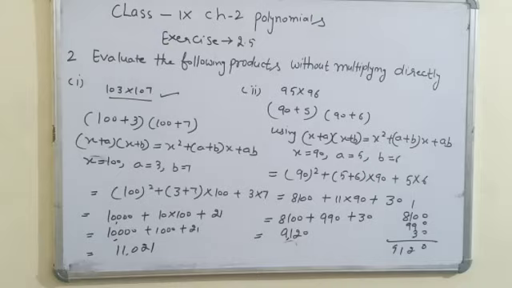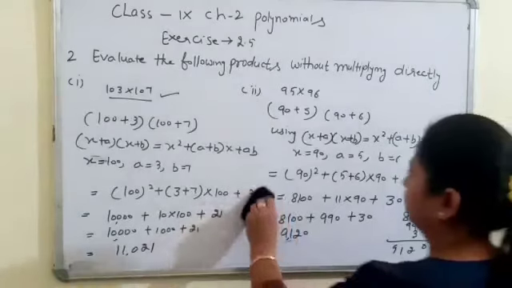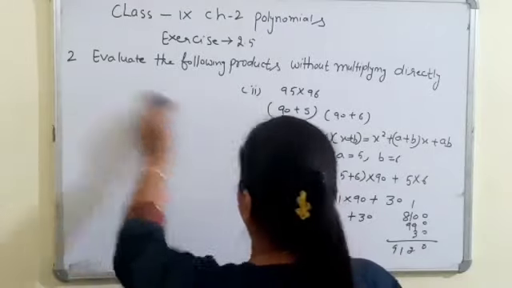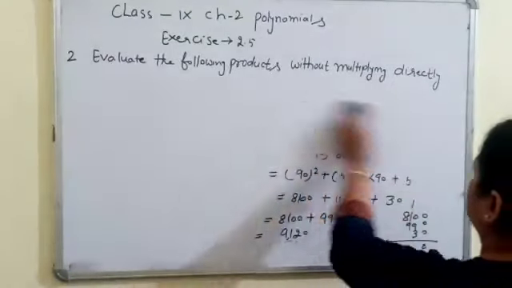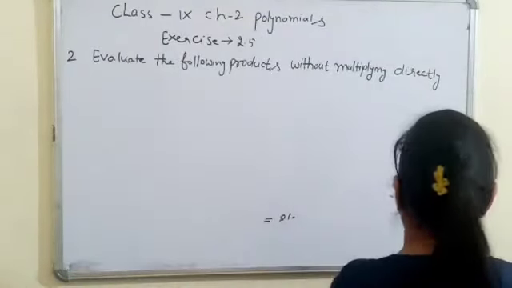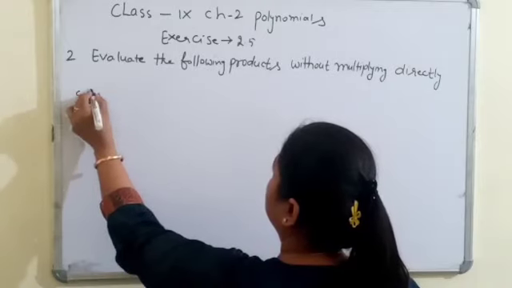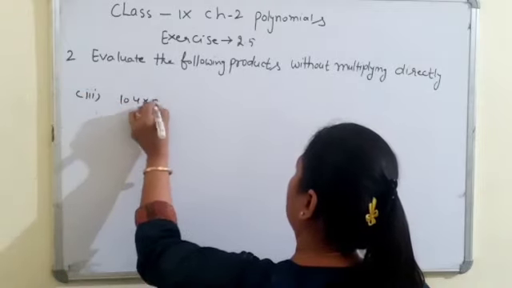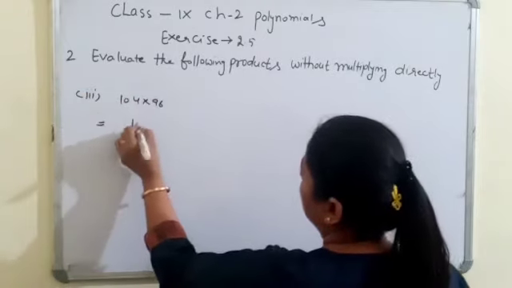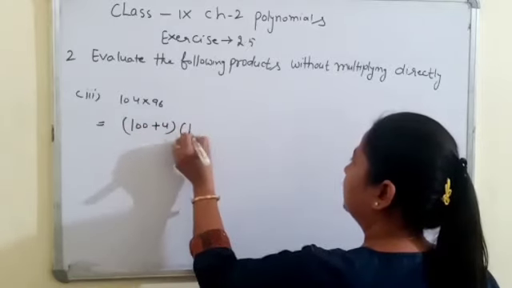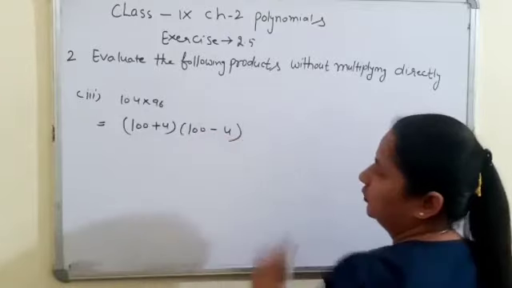Let's solve the third. The third part is 104 into 96. 104 is 100 plus 4, and 96 we can write as 100 minus 4.